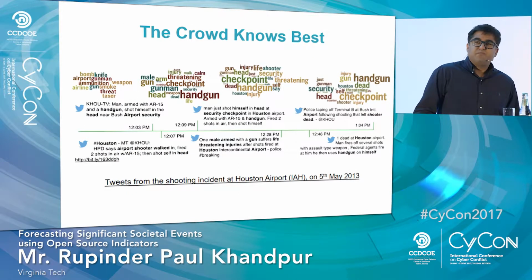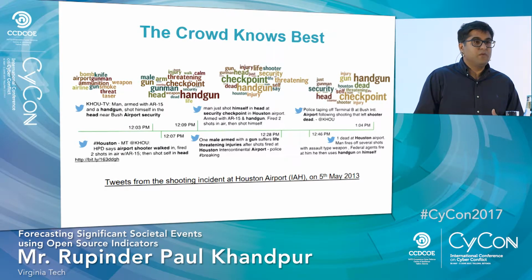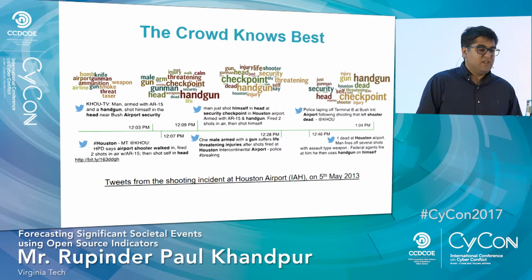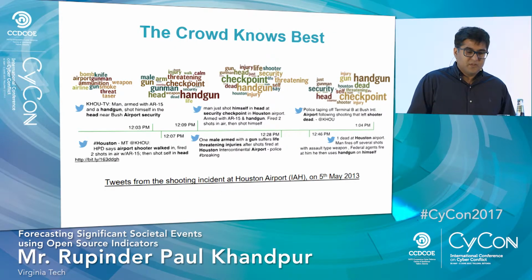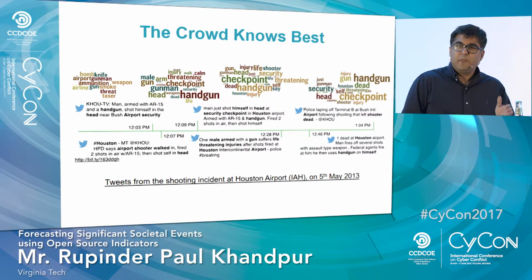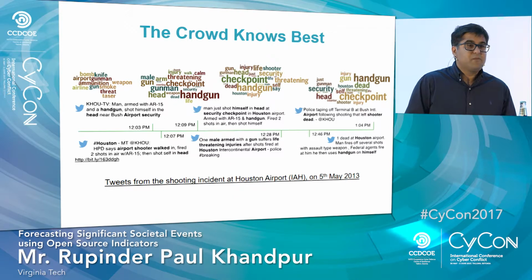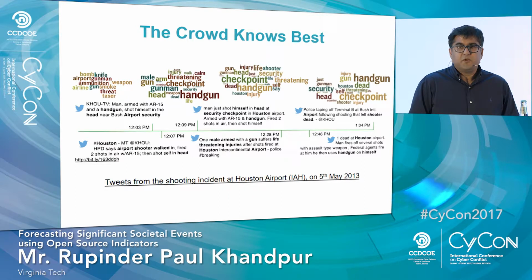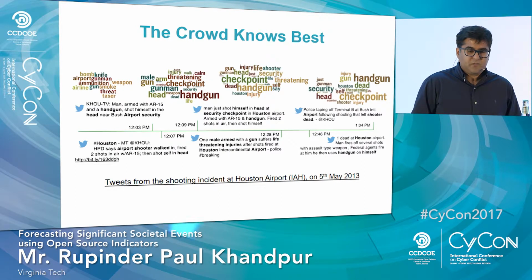And in this slide, I'm showing you a very neat example of how the information is flowing through a collective conversation. This particular case is about a shooting incident that happened in Houston Airport back in 2013, where a TSA agent got shot, and then the man who committed that crime at the airport was also shot dead by the security forces.